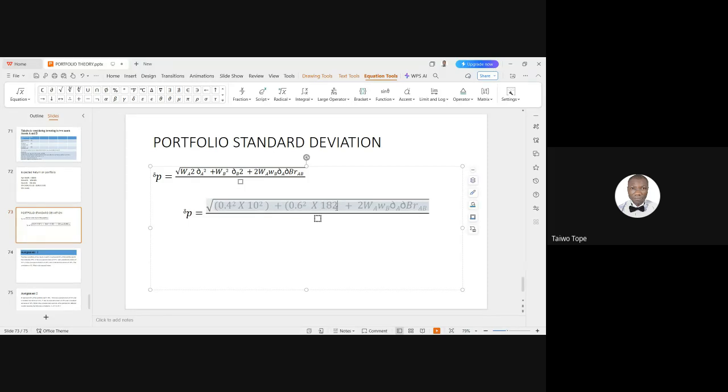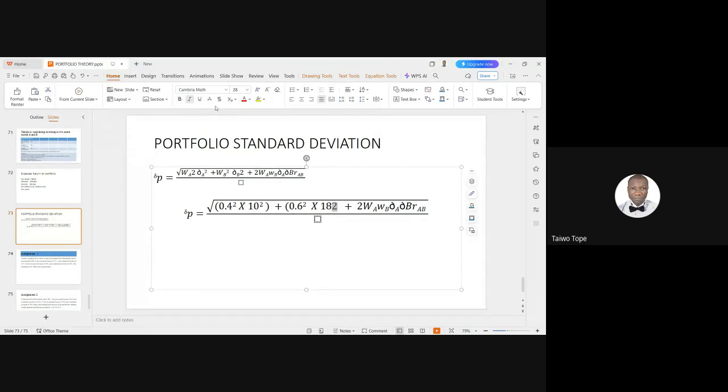I know some persons might be confused. That's why most times we use 18%, we are not writing 0.18. When you place one as a percentage and one as a decimal, your final result will give you a percentage value. But if you write everything in percentage or in decimal, you still arrive at the same point. I know some persons are wondering why sometimes we express some figures in percentage and leave some in decimal. So 18 squared, right?